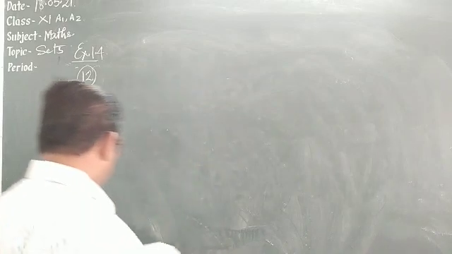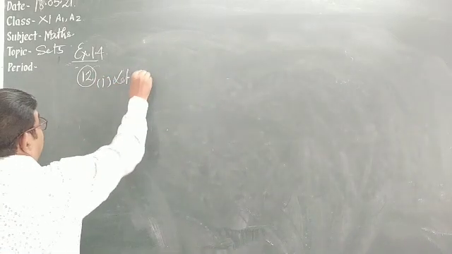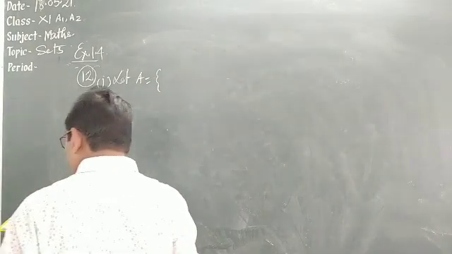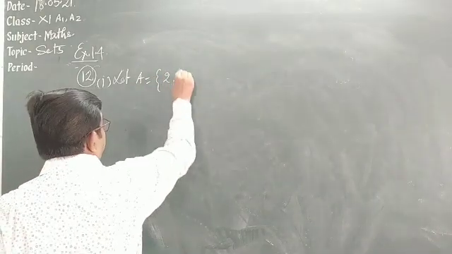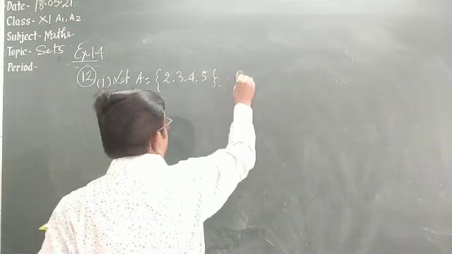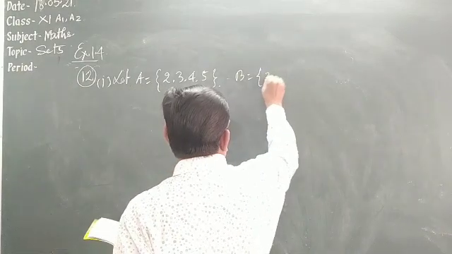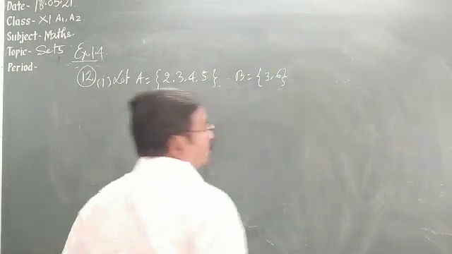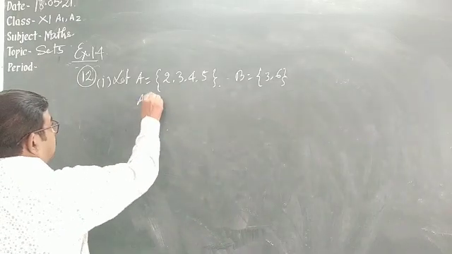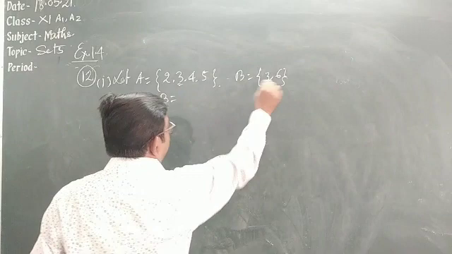See, the first one, let a set A have the elements 2, 3, 4, 5, and a set B have the elements 3 and 6. So simply to check whether it is disjoint or not, find A intersection B, and we see that 3 is common in these two.